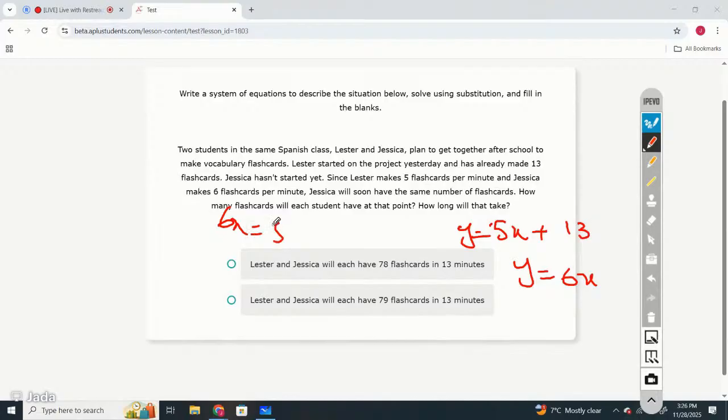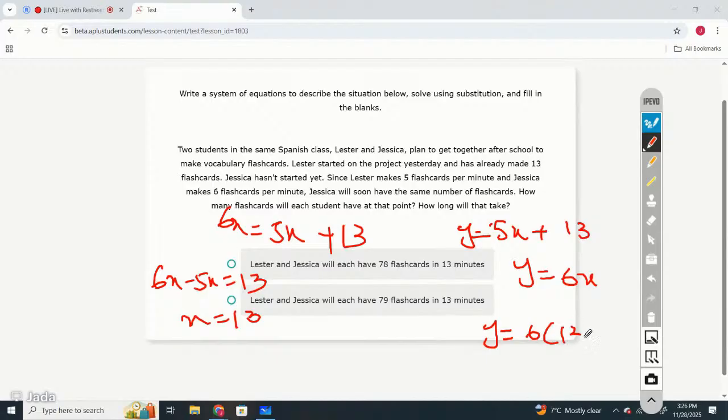So 6x is equal to 5x plus 13. So 6x minus 5x is equal to 13. So x is equal to 13, right? Y is equal to 6 times 13, that is 78.